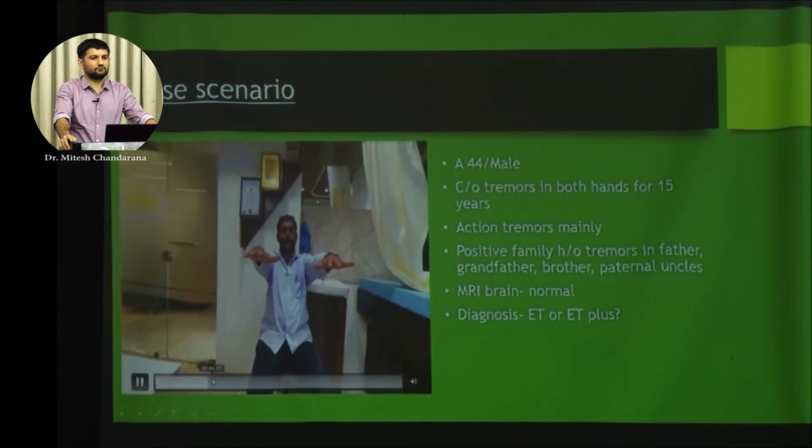Whether to consider this as mild dystonic posturing or not is a subject of debate. But considering the long-standing history of 15 years of tremors, and there is no position-dependent change in the frequency of tremors, it remains the same.